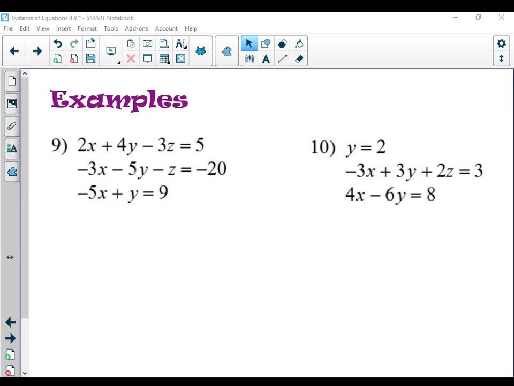I'm missing a Z on the third equation, so I plugged in a 0. Once that's plugged in, second quit.